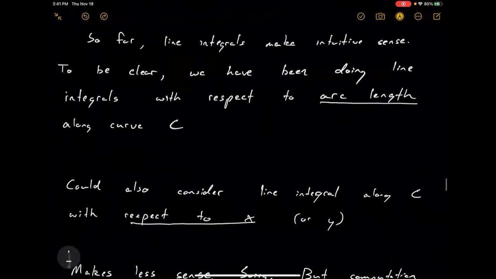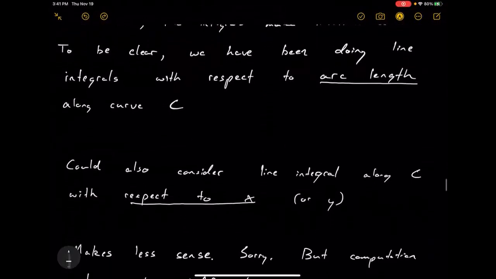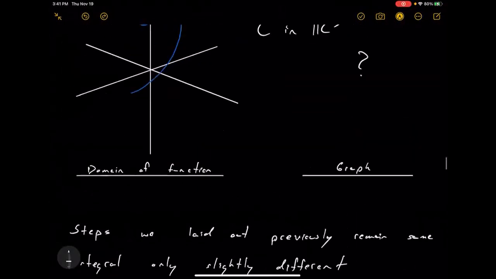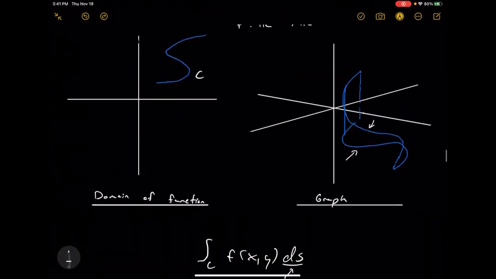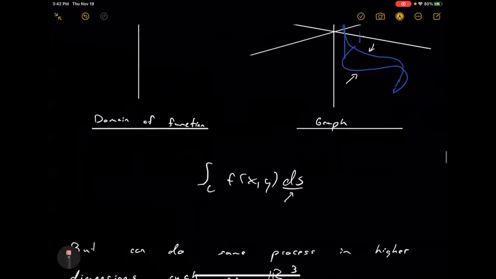So instead of integrating along the curve, what if we have the same curve, same setup? We still have that same kind of curtain, but instead of integrating along the curve, we integrate along the x-axis or the y-axis. Now what's going on? What's the intuition here?